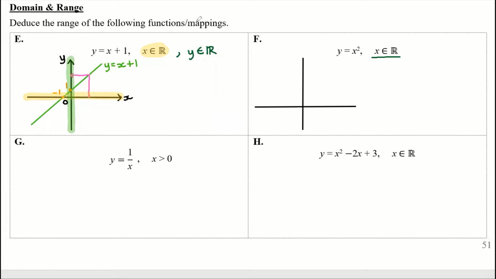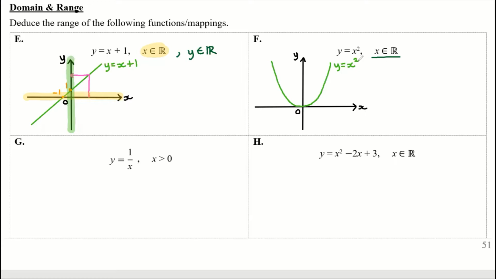Graph sketching is such a useful skill in this course. So we'll put that x-axis there, the y-axis there. And if we sketch the quadratic, I'll stick to this green color. So I'll draw this parabola on here like this. Okay, so something like that. And this is the graph y equals x squared.